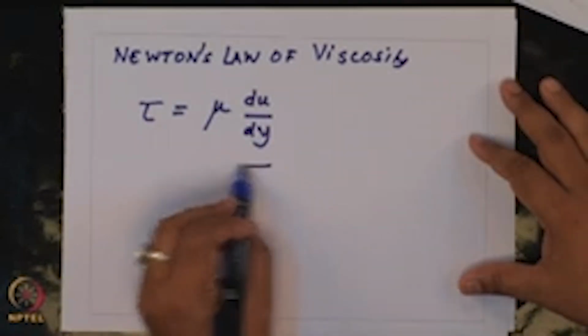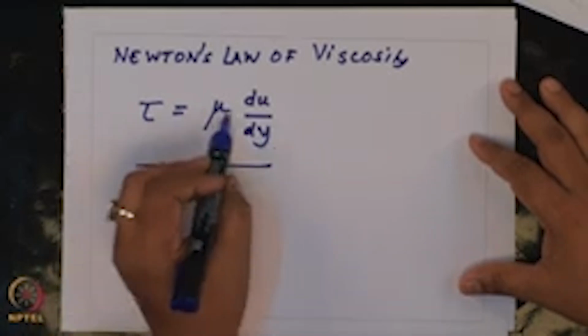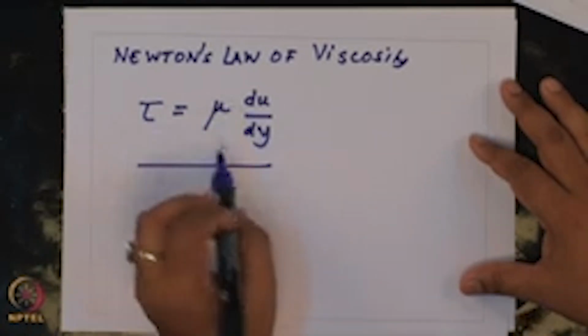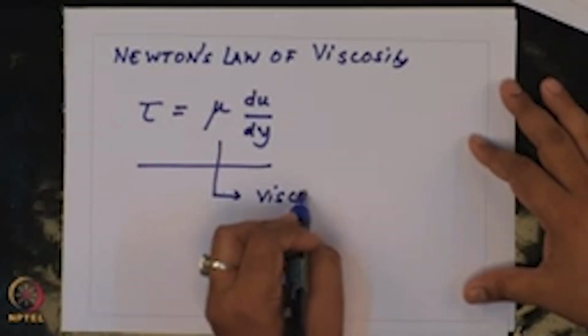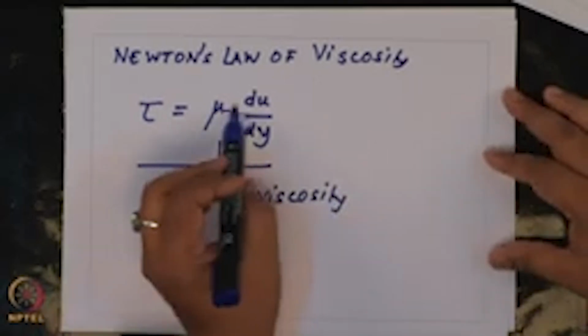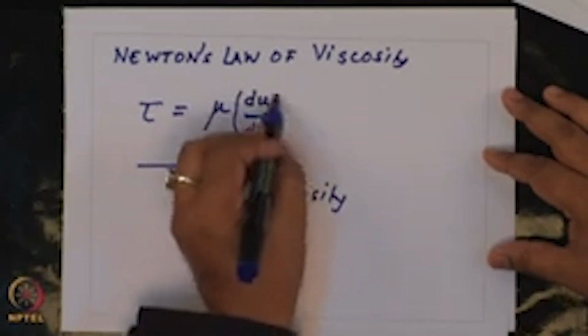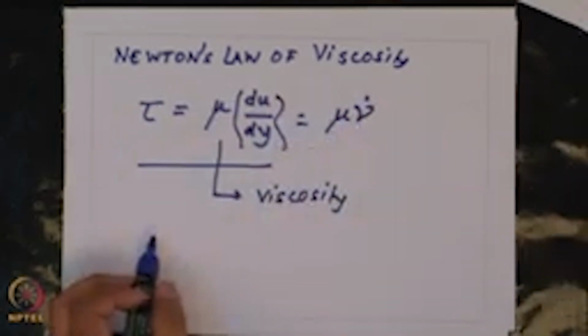Okay. It says that shear stress is related to shear rate via this constant of proportionality mu. Mu is called the viscosity. So, this can also be written as mu times gamma dot.